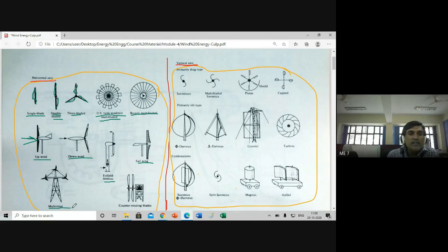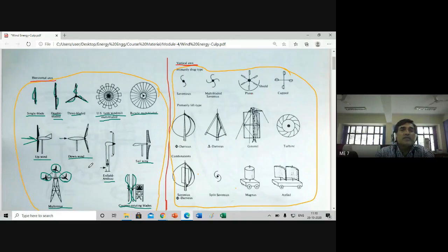Multi-rotor, they have kept one here, one here, another here. All these are interconnected and kept on the tower. Okay. Next is counter rotating blades. See, look at the direction of the blade. Here it is like this. Here it is like this. See, these two are opposite in direction.